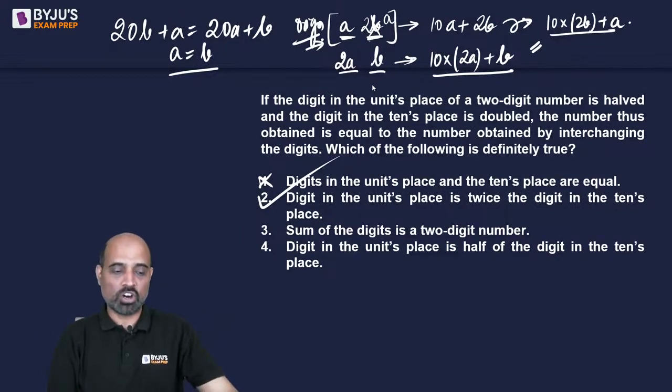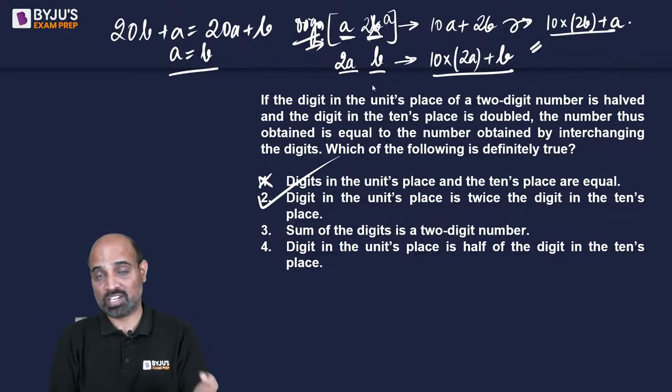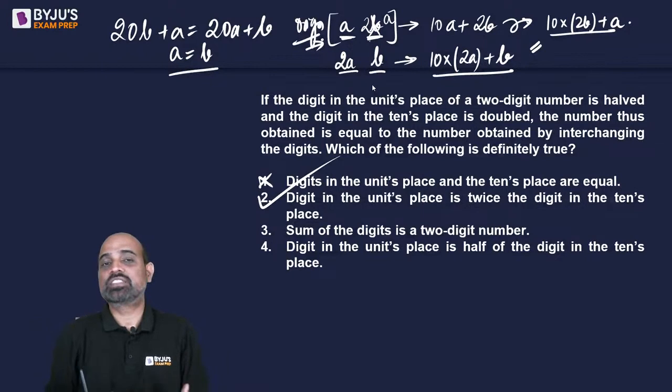The thing is, no matter how many mocks you write from wherever, unless and until you write a proper mock from the GMAC site itself, once the NMAT notification is out, the sample mock that they will provide, you will have no idea what the paper feel is going to be. You will get to know the level of the questions, but what will restrict you is not being able to shuffle between the sections, not being able to shuffle between the questions, not being able to even move forward unless you mark an option. The feel of all these constraints, you will get directly from GMAC when it releases the mock, then you will have an idea.